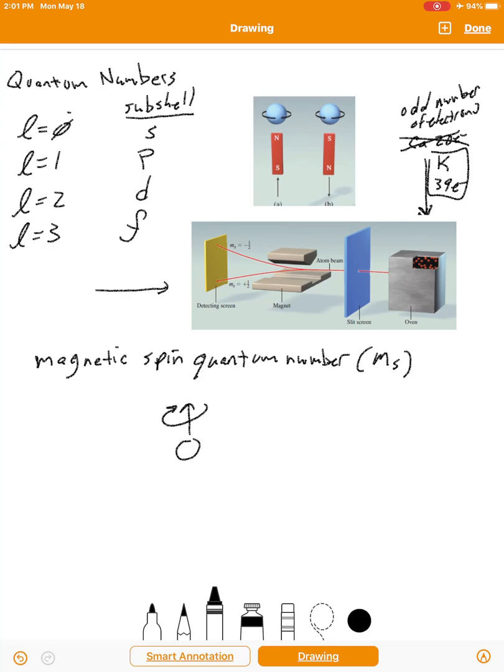And it could spin one way, or it could spin the other, the opposite. That's about as close of a physical analogy as we can come in describing this magnetic spin. It turns out the electron is not spinning in the way that we think of something as spinning, but it behaves as though it were.